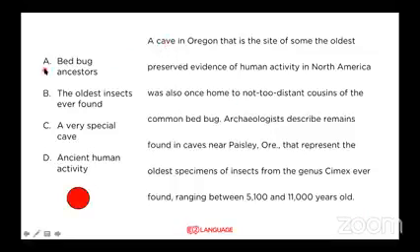Let's read this. Is it about bed bug ancestors? Is it about the oldest insects ever found? Is it about a very special cave? Or is it about ancient human activity?